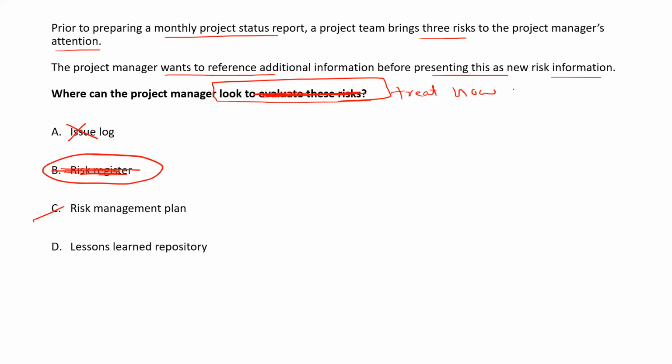How? Because when it is how, it means management plan. That's what I have taught you, right? If you find the word how, it means you have to reference a document called management plan.